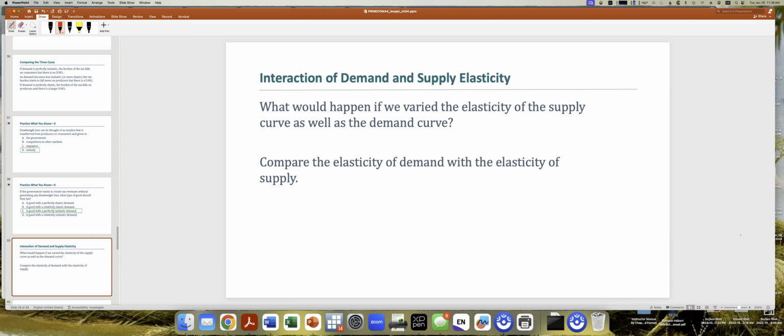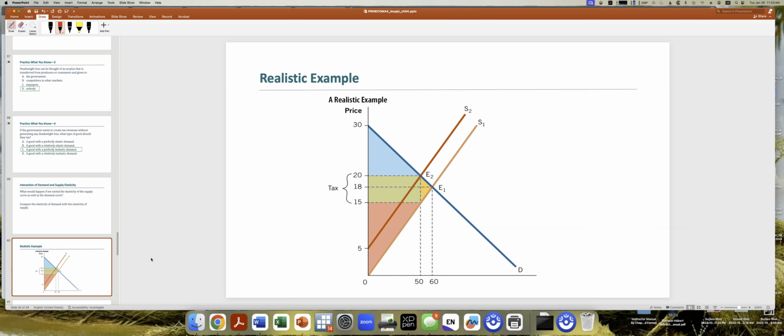So when we compare, again, the two elasticities, the demand and the supply, and we try to look at what happens as we bring the two together, in this example here we've got a supply curve which is a bit more inelastic than the demand curve.